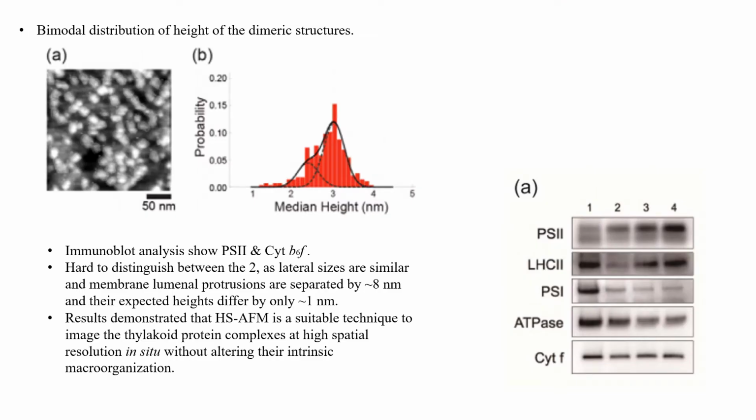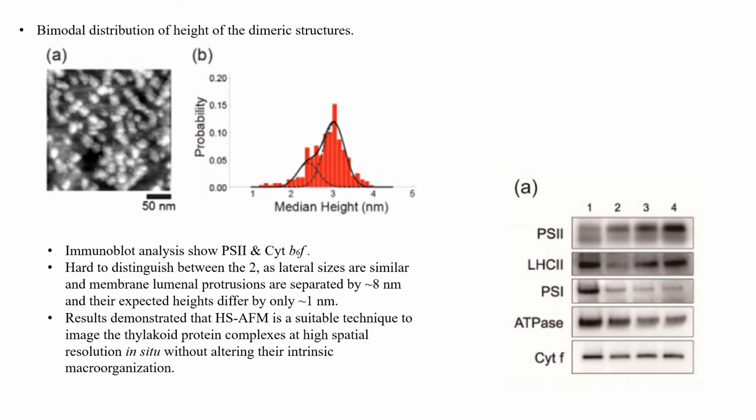In order to study how the particles were distributed, a distribution probability was plotted based on the height of the particles from the HS-AFM studies, and it was seen that there was a bimodal distribution of the heights of the dimeric structures, which suggested that there could be two particles, PS2 and cytochrome b6f.